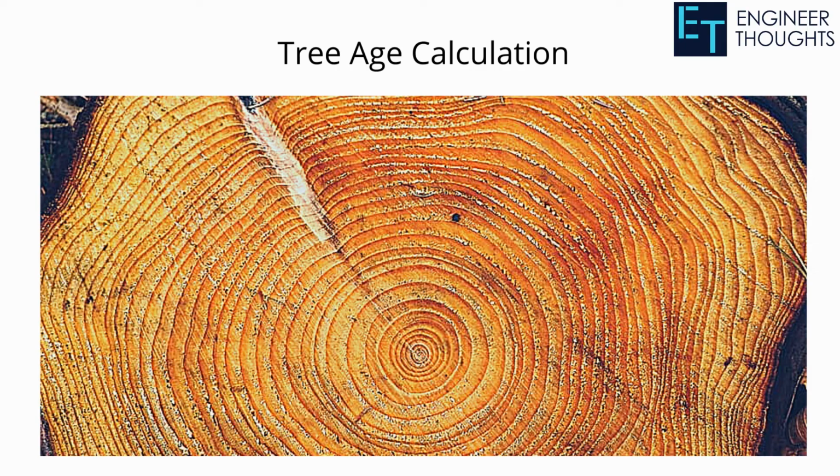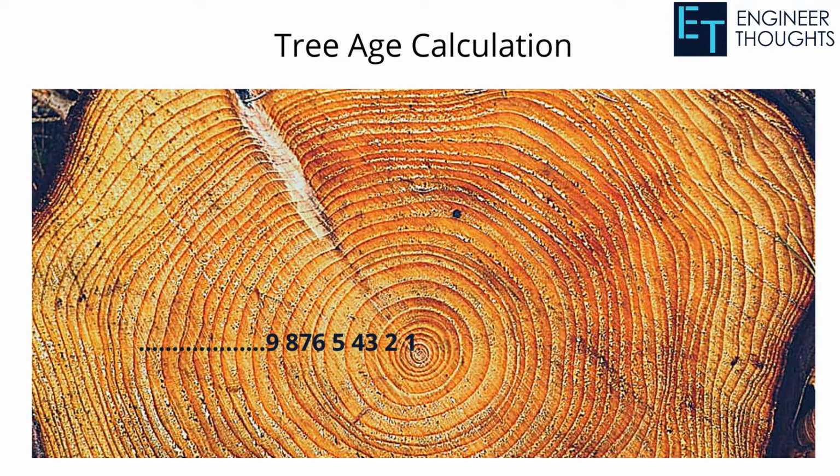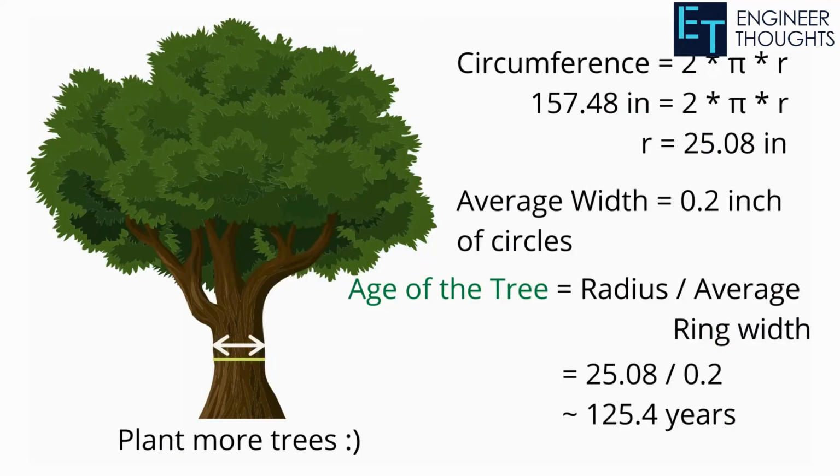You would have seen these concentric circles in a fallen tree. Do you know what they refer to? They refer to the age of the tree. The first circle is the first year, then the second year, third year, fourth year and so on. Similarly, these concentric circles are related to the circumference of the tree. How?